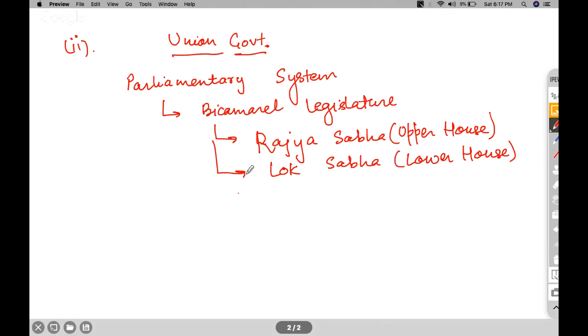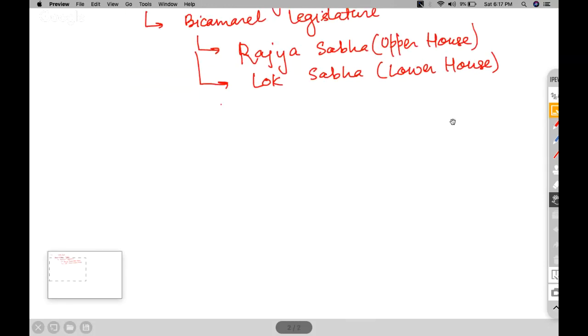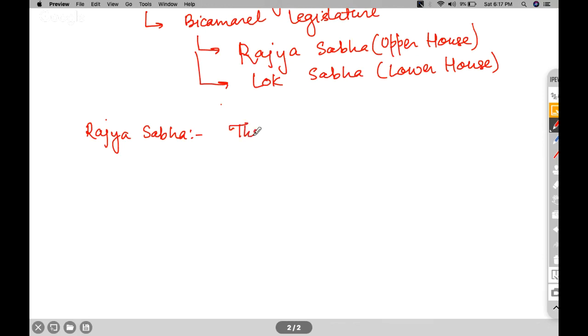In Rajya Sabha, there can be a maximum of 250 seats.